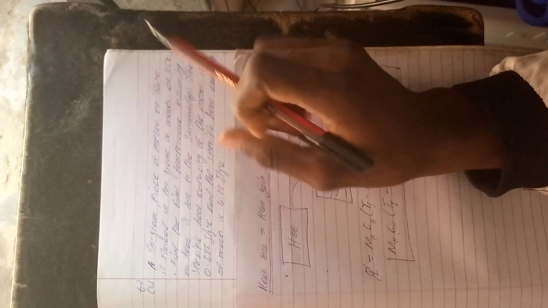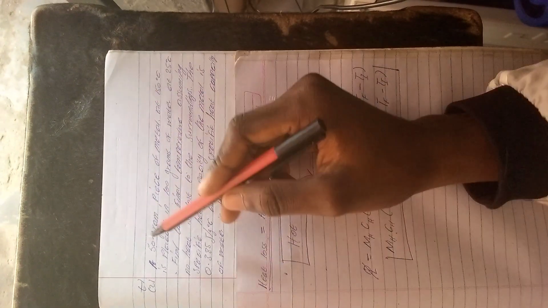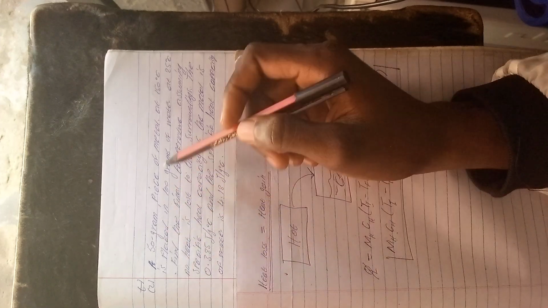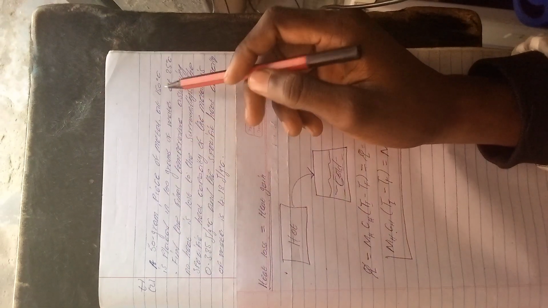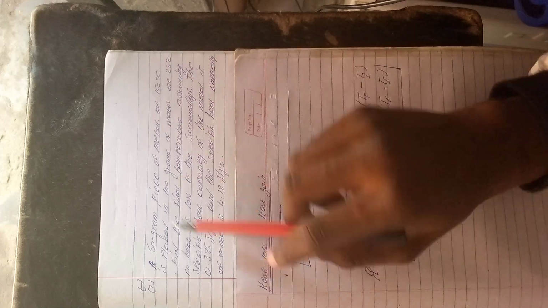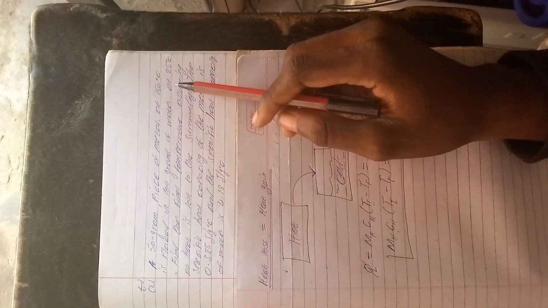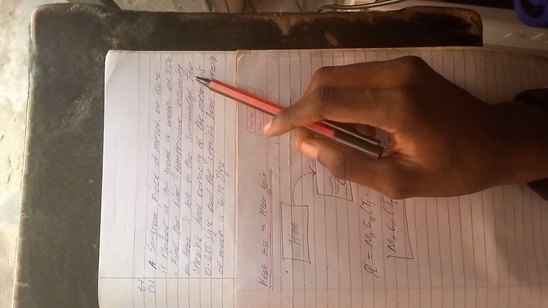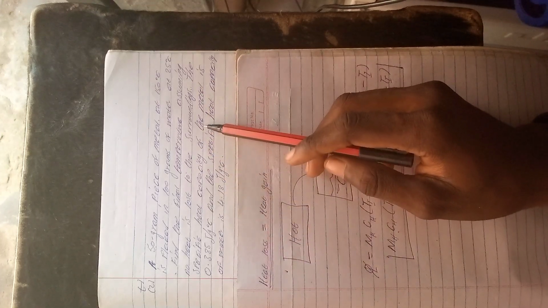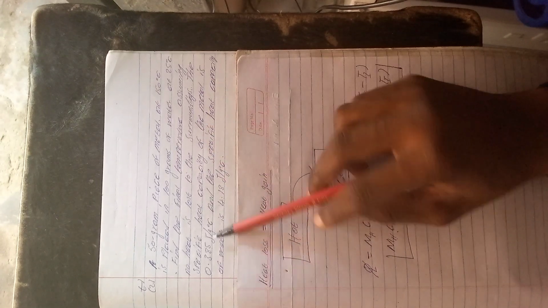This is the question, and it reads: 50 grams of a piece of metal at 150 degrees Celsius is placed in 100 grams of water at 25 degrees Celsius. Find the final temperature, assuming no heat loss to the surroundings.